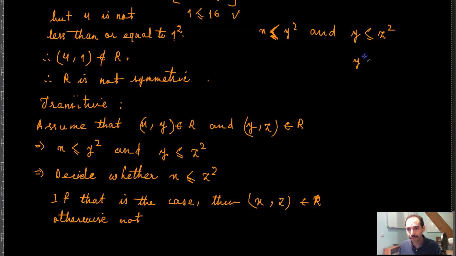For example, y squared is less than or equal to z squared, right? And over here you have x is less than or equal to y squared.